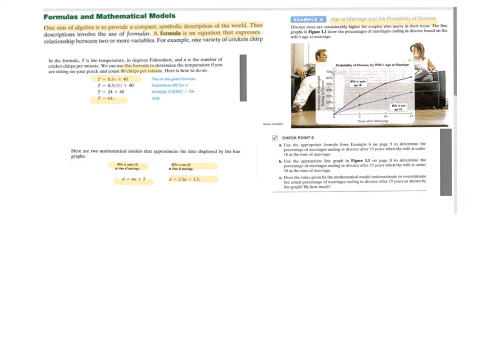The first question is, use the appropriate formula from example 6 on page 9, which is this one, to determine the percentage of marriages ending in divorce after 15 years when the wife is under 18 at the time of marriage. So we are looking at this formula under 18, so D equals 4n plus 5.